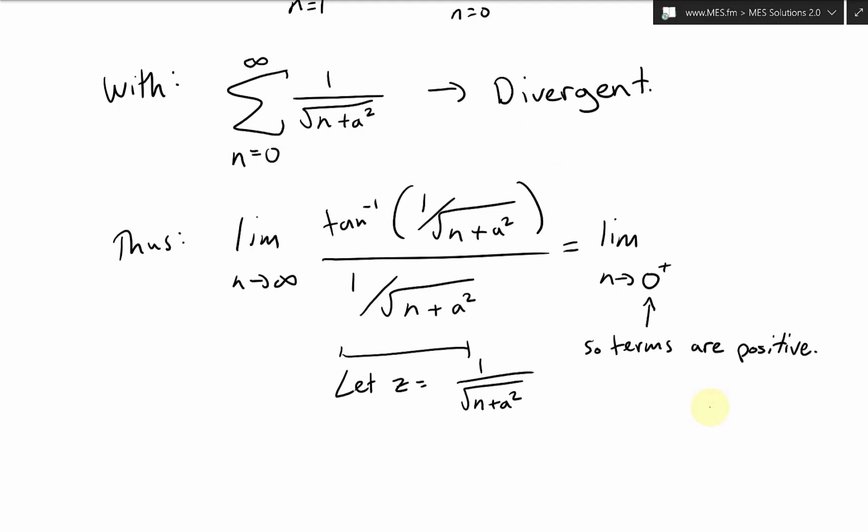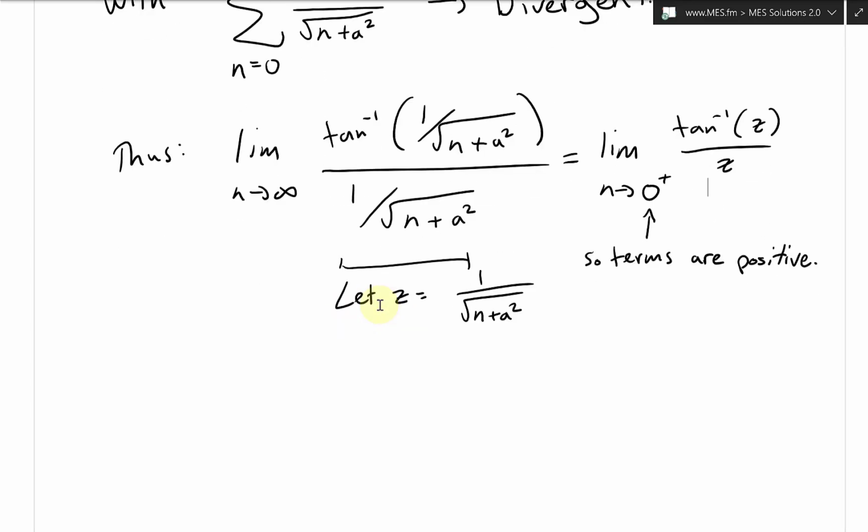And then this is going to be inverse tan of z over z. This is because, as n goes to infinity, z is approaching 0.